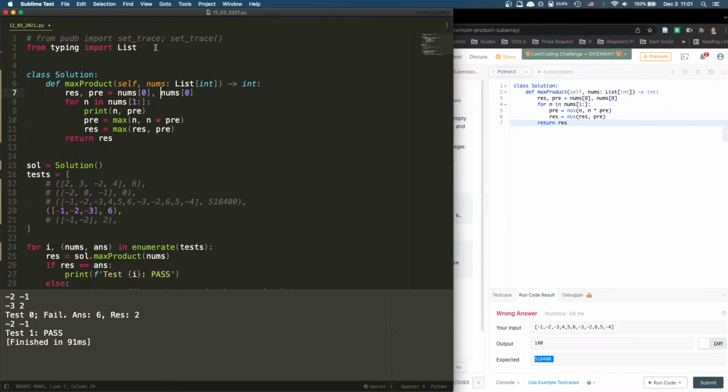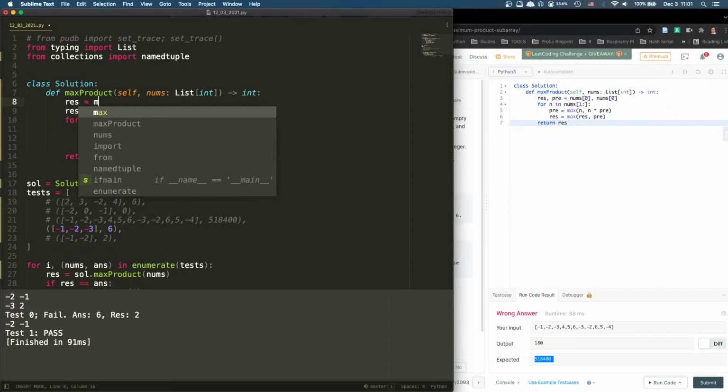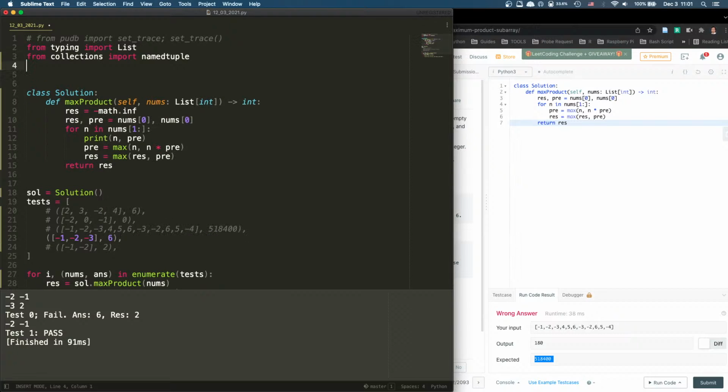Okay. Let's use named tuple. So from collections, import namedtuple. So basically what we're saying is res is math.inf, right? Yeah, let's do this one, import math. And then we're going to say the element will equal to namedtuple element, and we have two values.